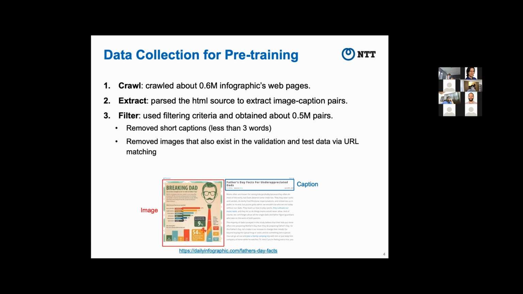From these crawled web pages, we parsed the HTML source to extract image-caption pairs. In the filtering stage, we removed short captions of less than 3 words and images that also exist in the validation and test data via URL matching. Eventually, we obtained about 0.5 million pairs.